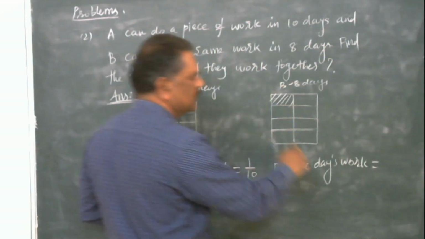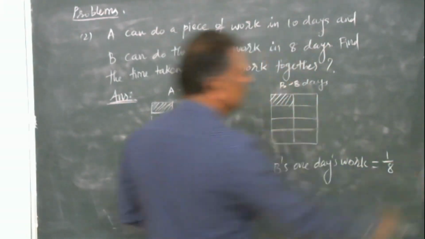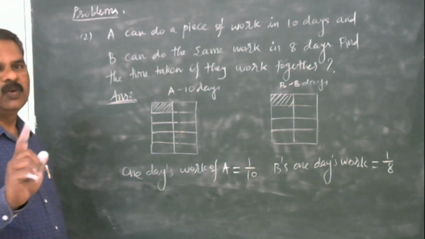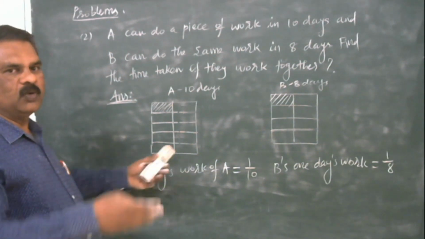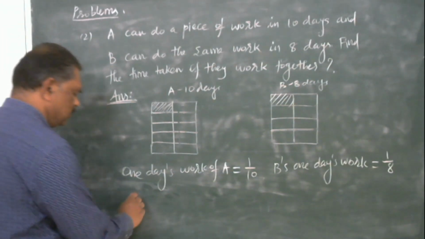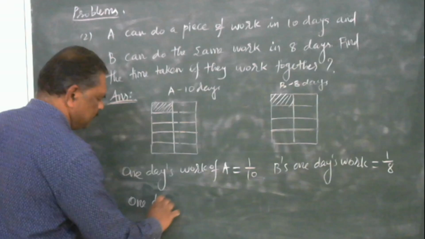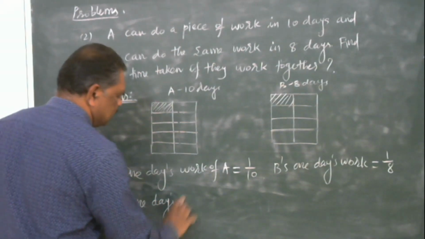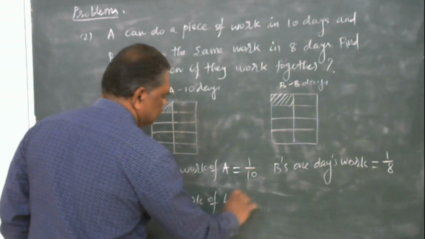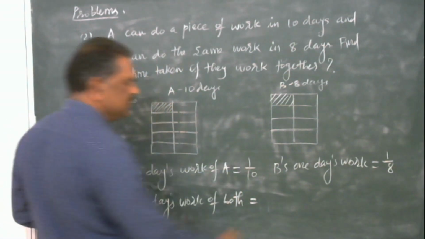Just 1 out of his 8 he will be completing. 1/8 of the work will be completed by B in 1 day. Now if both are working together, we need to add the works. So 1 day's work of both. So we need to add this 1 day's work.